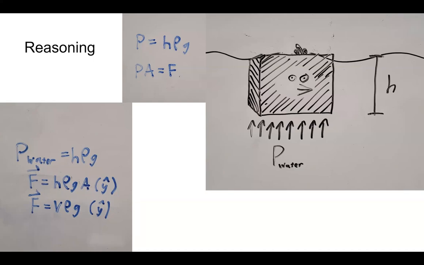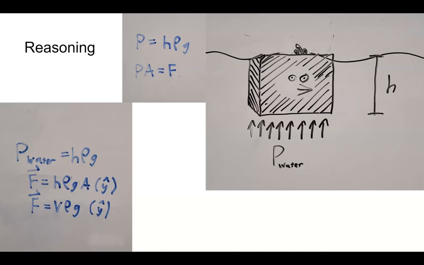And this isn't a free body diagram, it's just a drawing of the pressure acting on it. And so we have these two equations up top that we went over on the last slide. And we can use these equations quite simply to find the force equation from buoyancy.